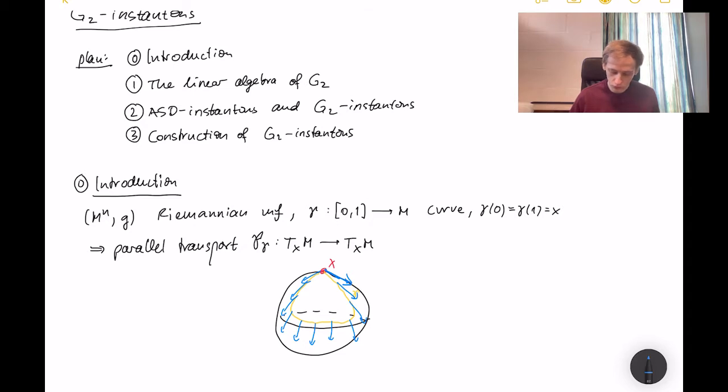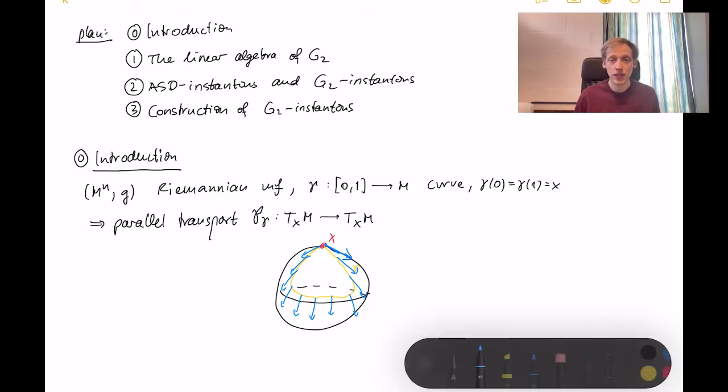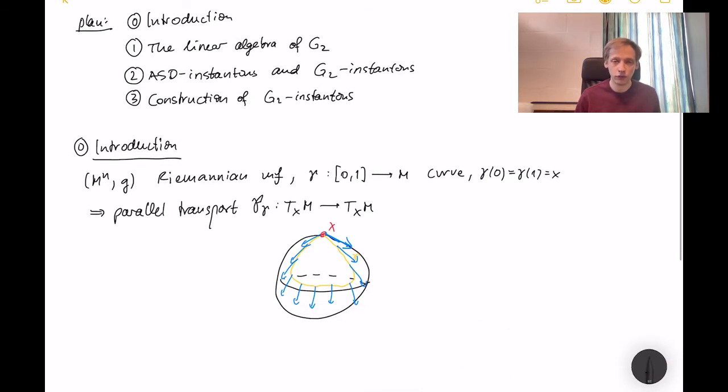So this map P_gamma, this linear transformation, can actually be checked to always live in the orthogonal group of the tangent space. So it preserves the metric at that one point. And we can, if we want, identify O(T_xM) with O(n).